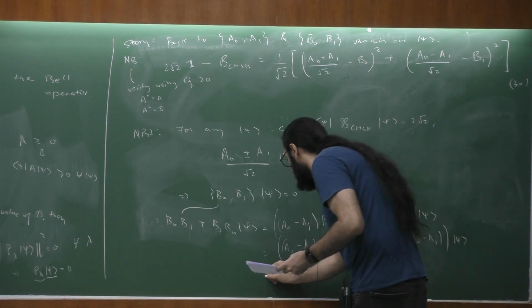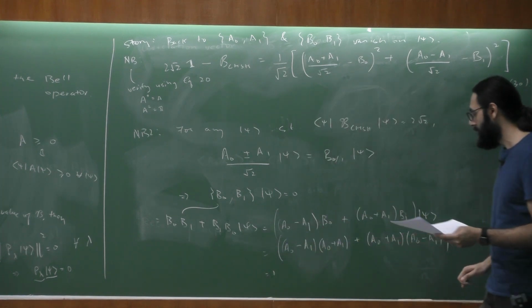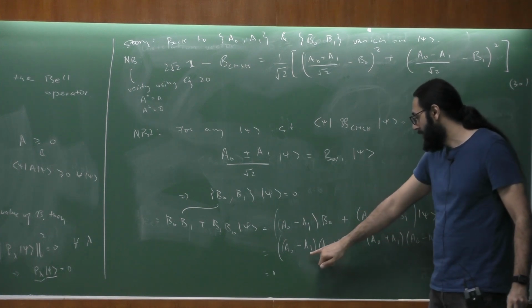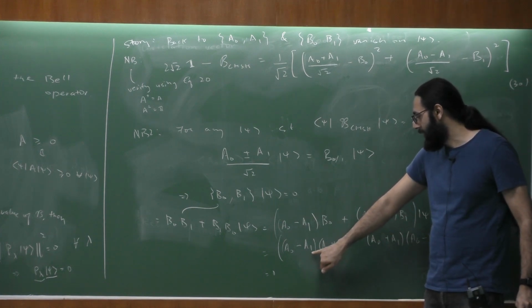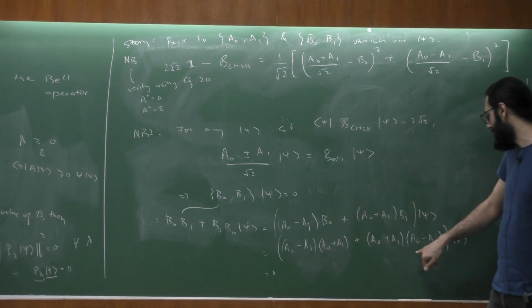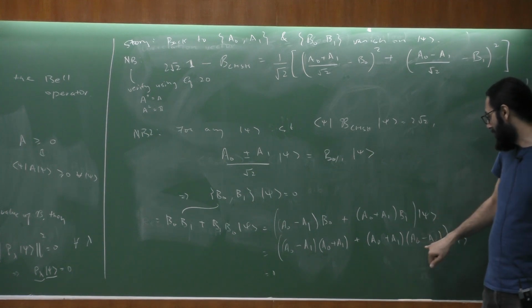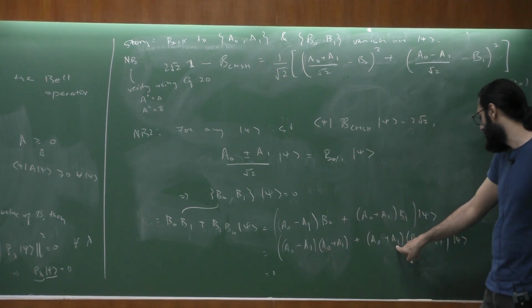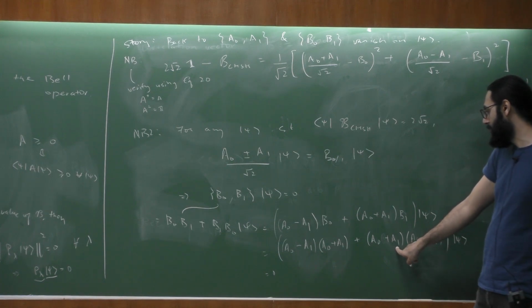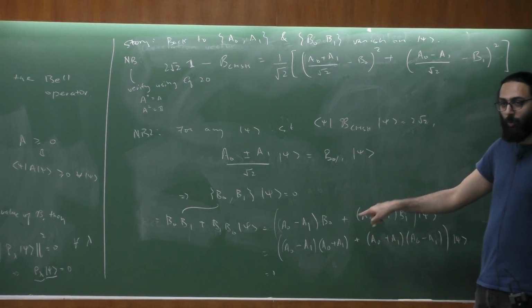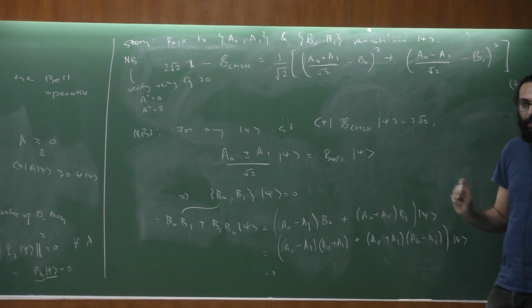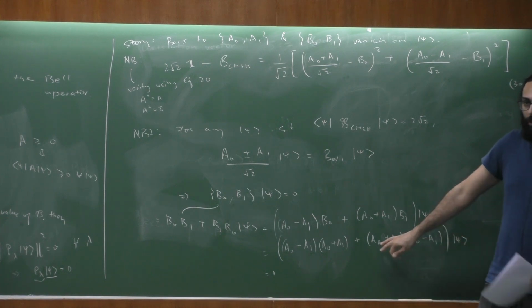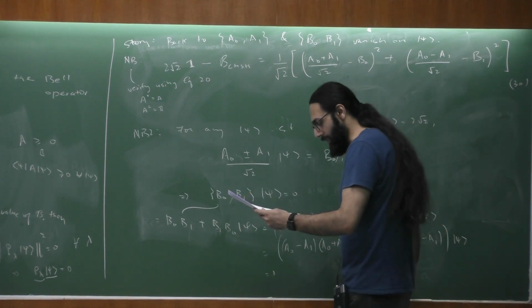This object vanishes because wherever you have opposite indices, you'll pick up a relative negative sign. A1 A0 comes with a minus sign here and a positive sign from there, and the squares will cancel because A squares are identity. So you can check. This is not very difficult to check.